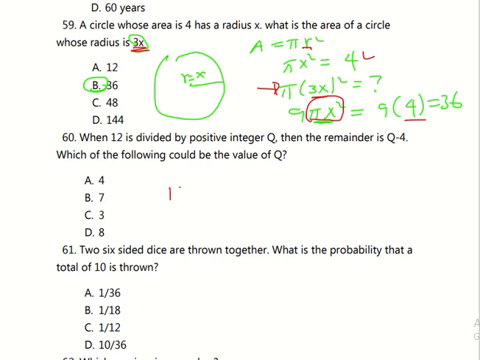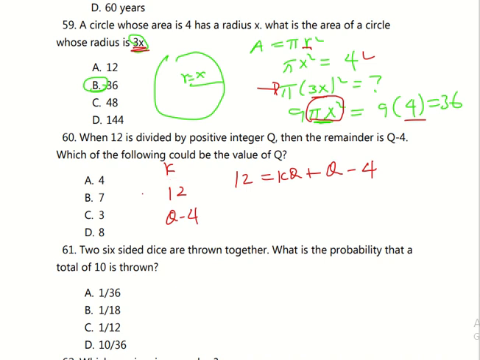That means when you divide 12 by q, there will be a quotient k, and the remainder is q minus 4. We can express 12 as quotient times divisor, kq plus the remainder, q minus 4. In this way we can write it.